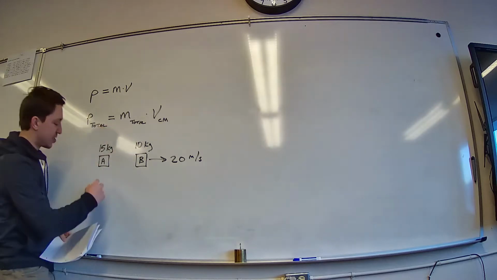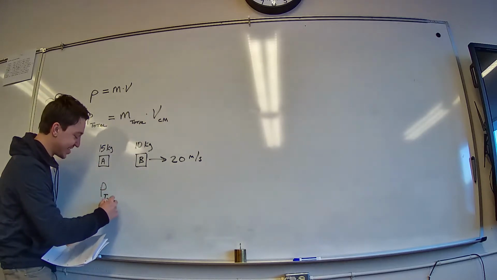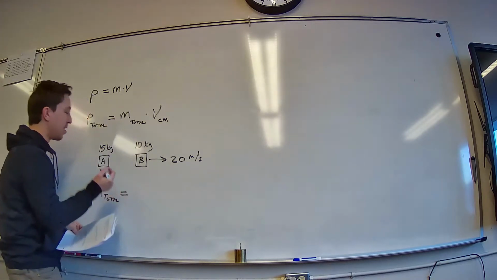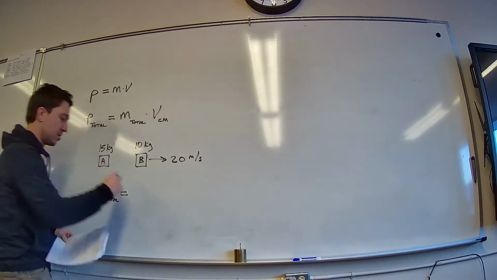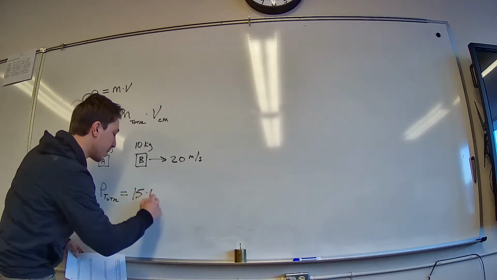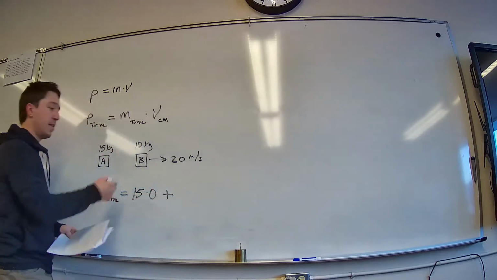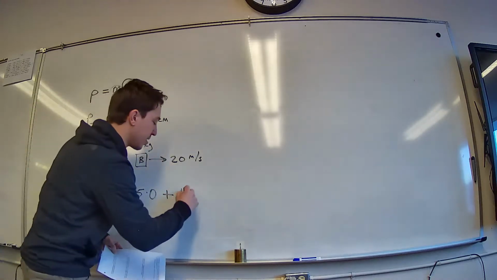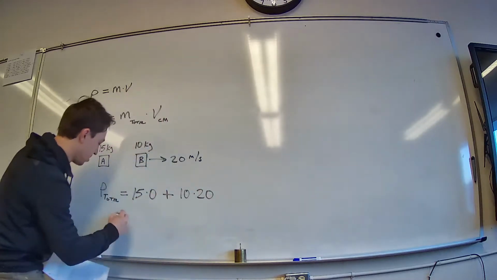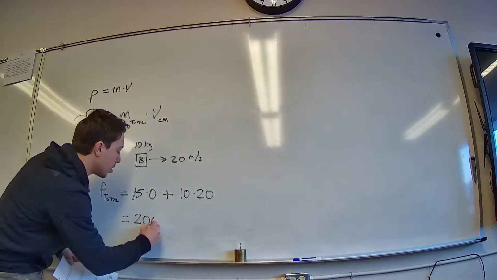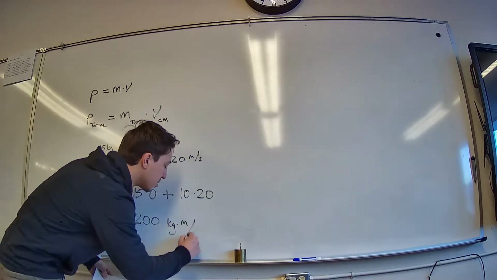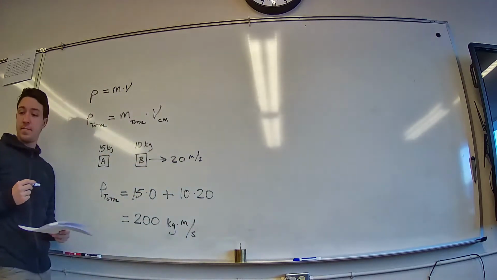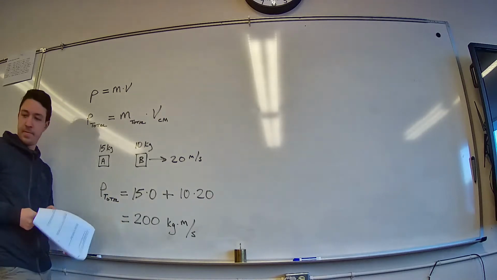No, watch how easy it is. The total momentum is mass times velocity, and then you add his mass times velocity. Isn't that nice? So 200 kilograms times meters per second. Make sense?